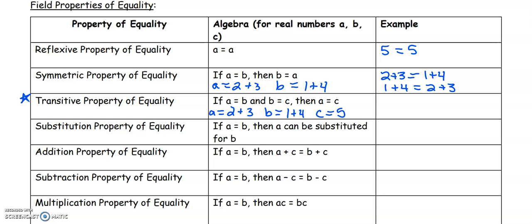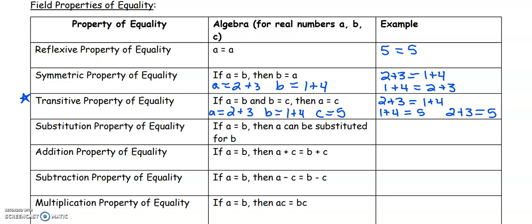The transitive property states that if A equals B and B equals C, then A equals C. For example, if I had 2 plus 3 equals 1 plus 4, and I said that 1 plus 4 equals 5, I could also say then that 2 plus 3 equals 5. That's your transitive property. I put a star on that because I see that a lot on your SOL tests.